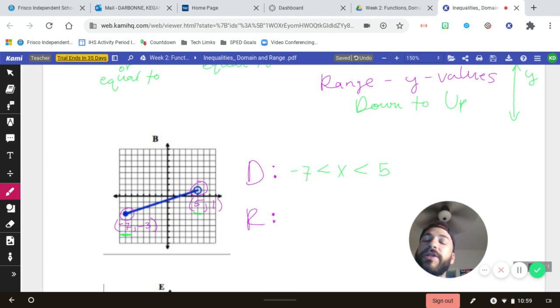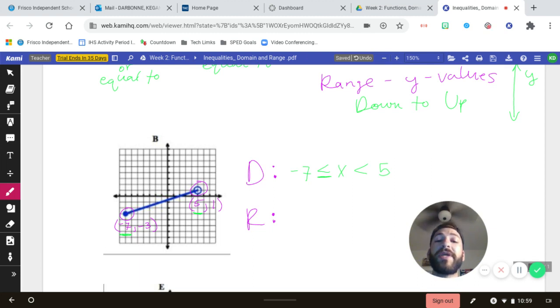Now, the last thing we need to look at is the difference between a colored in point and an open point. If a colored in point is there, then we can be equal to that value. If an open point is there, then we cannot be equal to that value, so we're just going to keep it a normal less than.